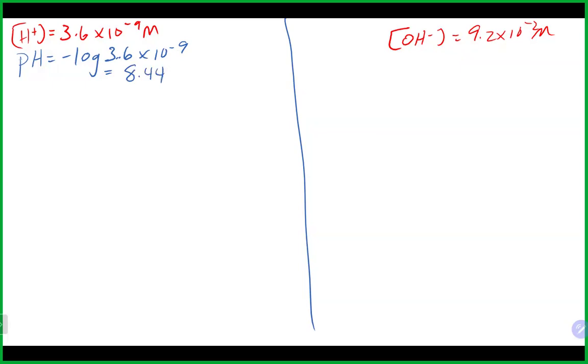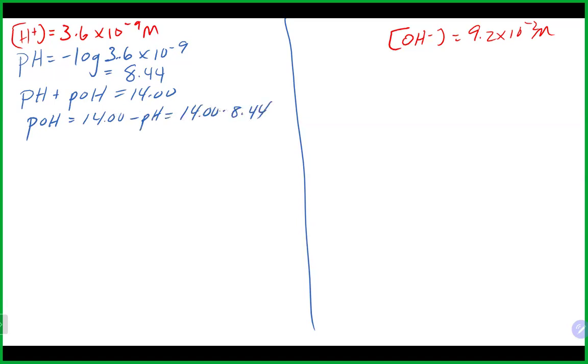Now that I have the pH, I still have the option of using Kw to get to our OH minus. I could also get the pOH at this point, since the pH plus the pOH equals 14. So our pOH would be 14 minus 8.44.